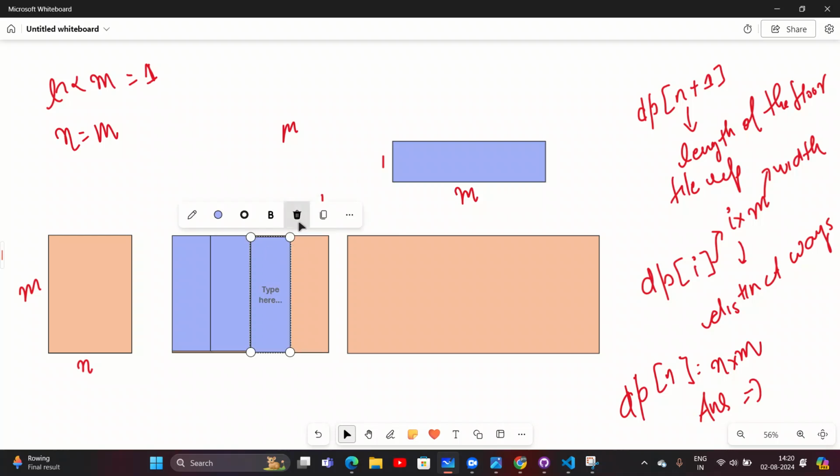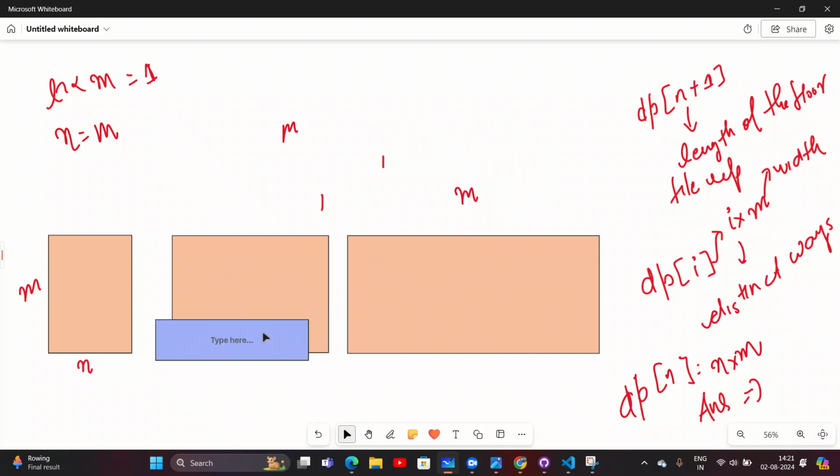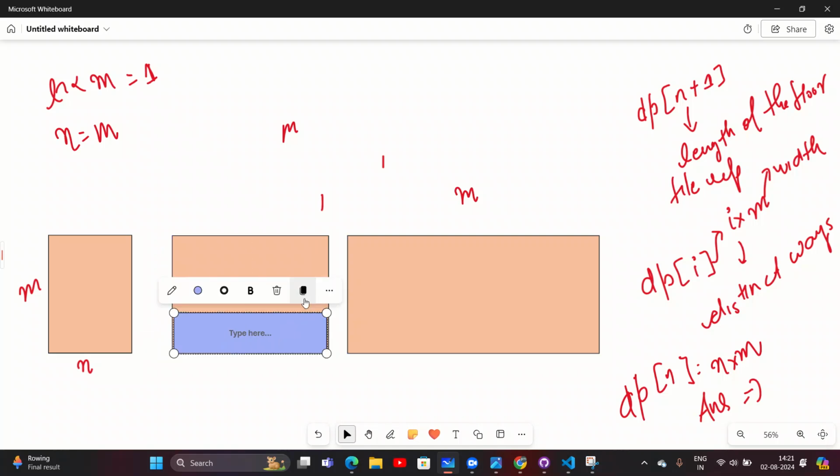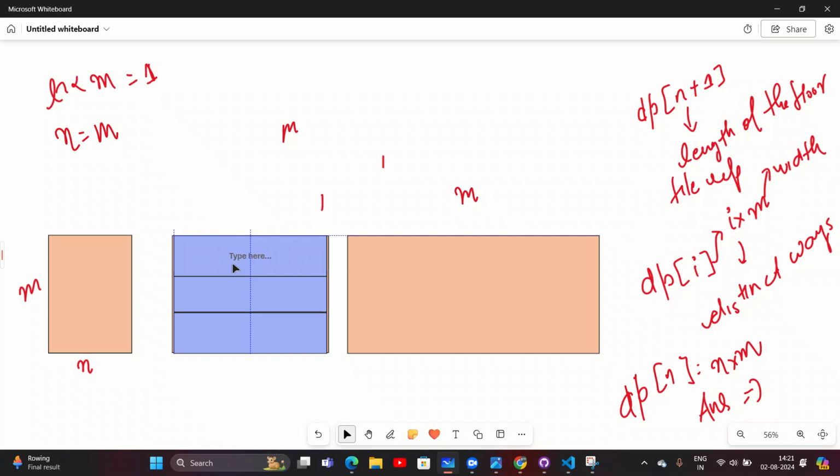Now what will happen if we try to place it in a horizontal fashion? Since I have not drawn this to scale, there are some discrepancies here. Okay, so it is going to cover horizontally.